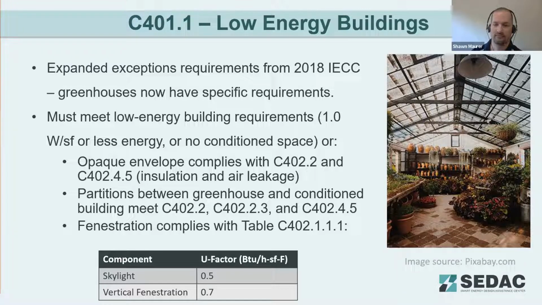And so those requirements for greenhouses have been added in for clarity, where previously greenhouses were a separate exception for the 2018 IECC. So now they have specific greenhouse requirements in the 2021 IECC.